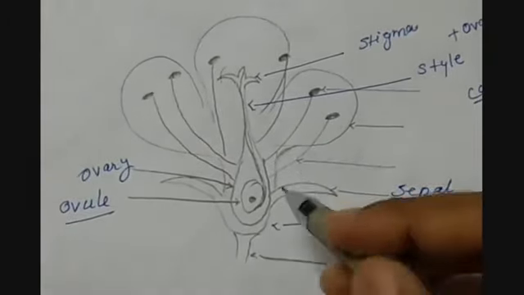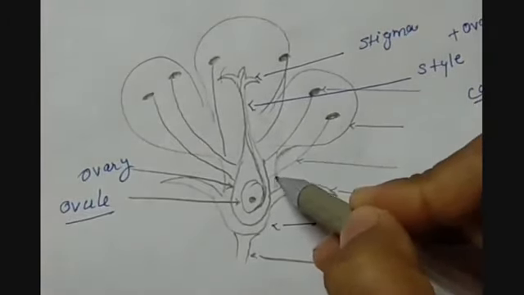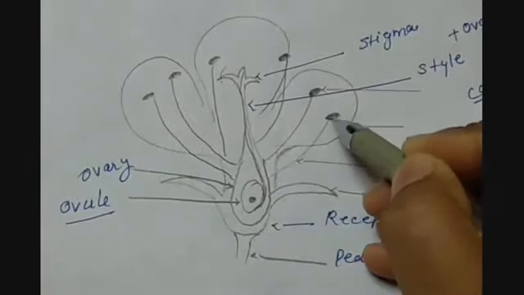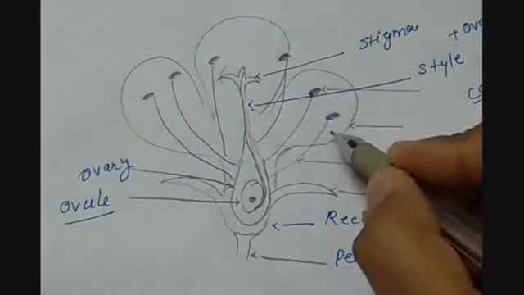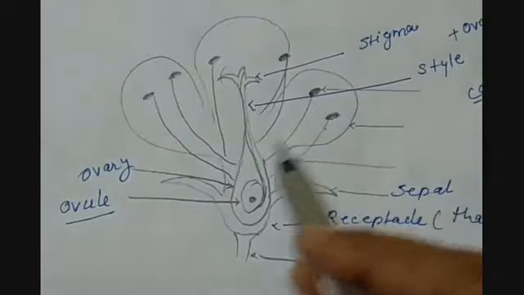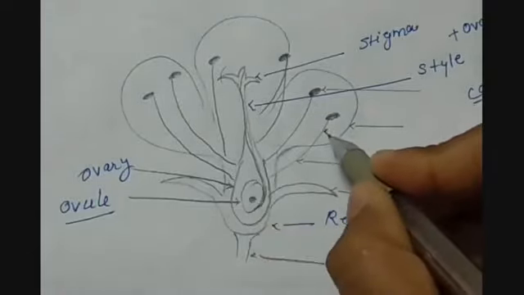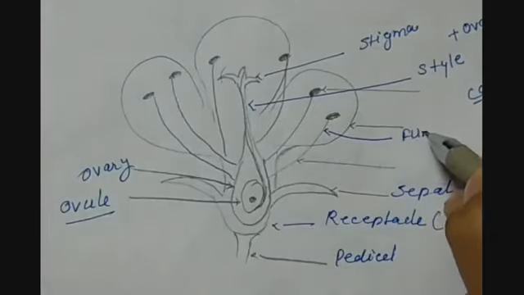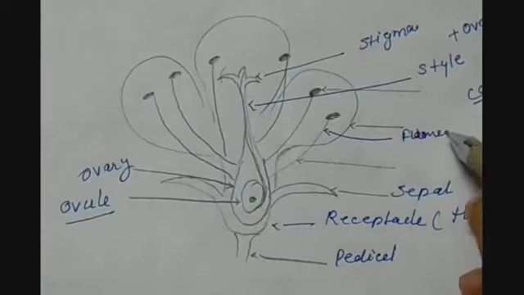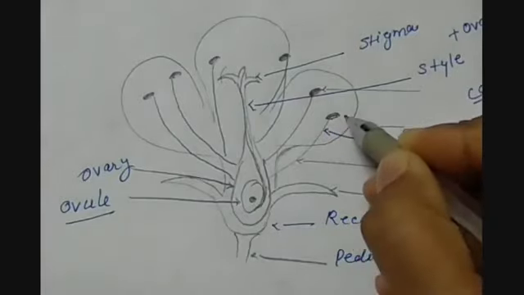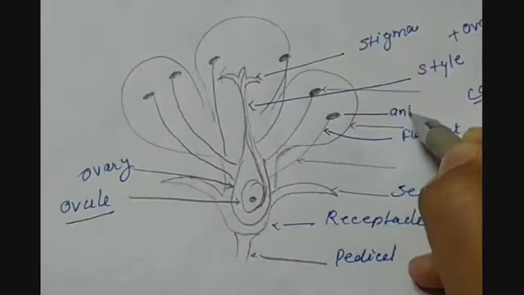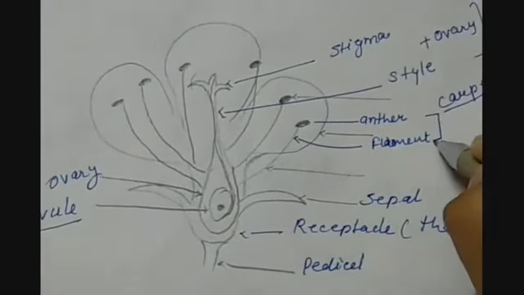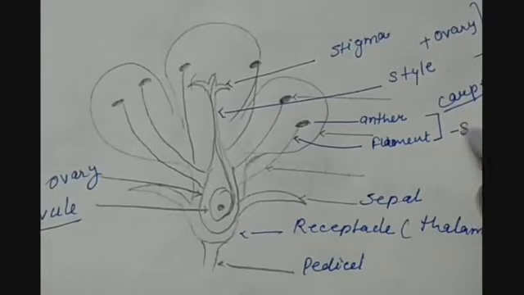Then here you can see a filament, and here we have a thicker portion. This filament-like structure is called the filament only, and this projection is called the anther. And these two are together called the stamen.